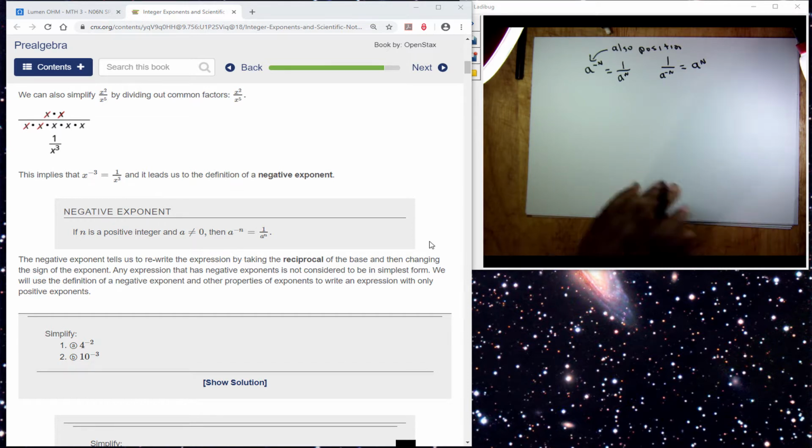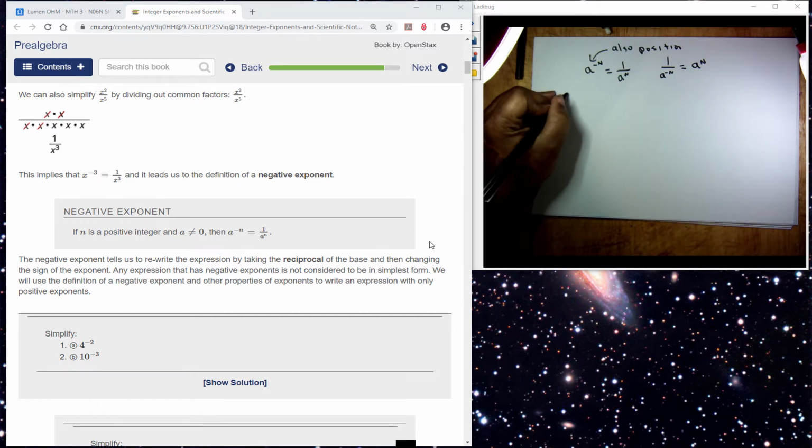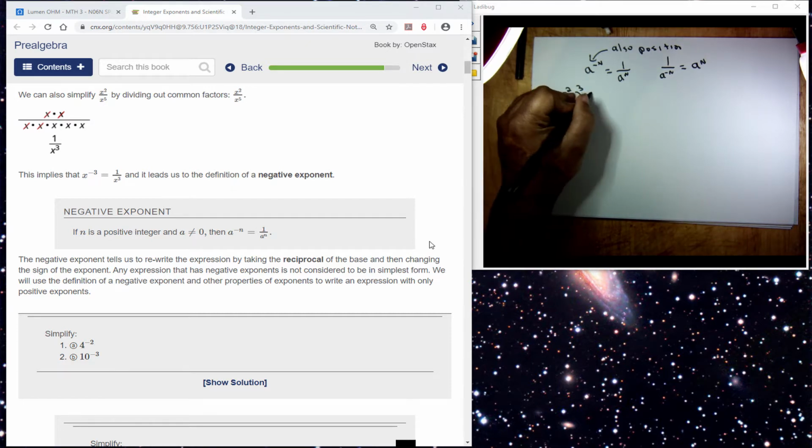So along those lines, when we're multiplying exponents, if you recall, we end up adding the exponents.